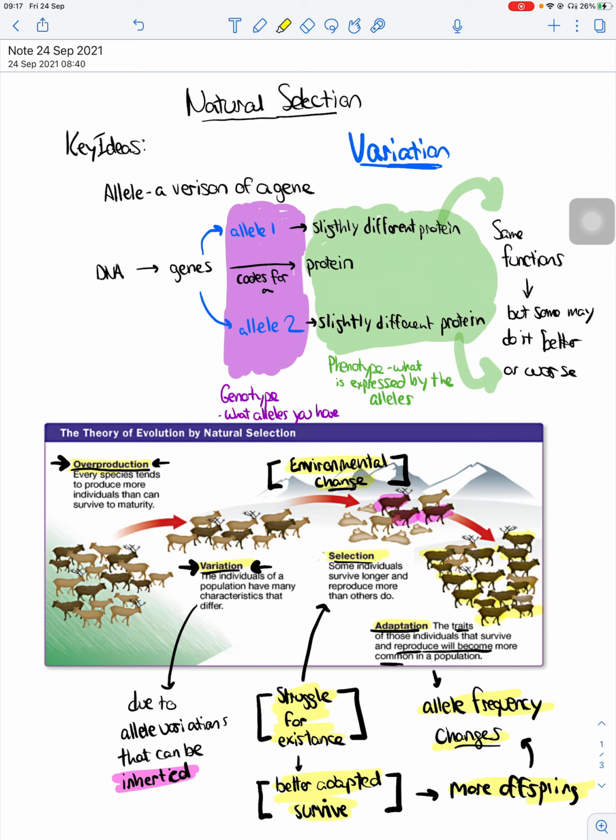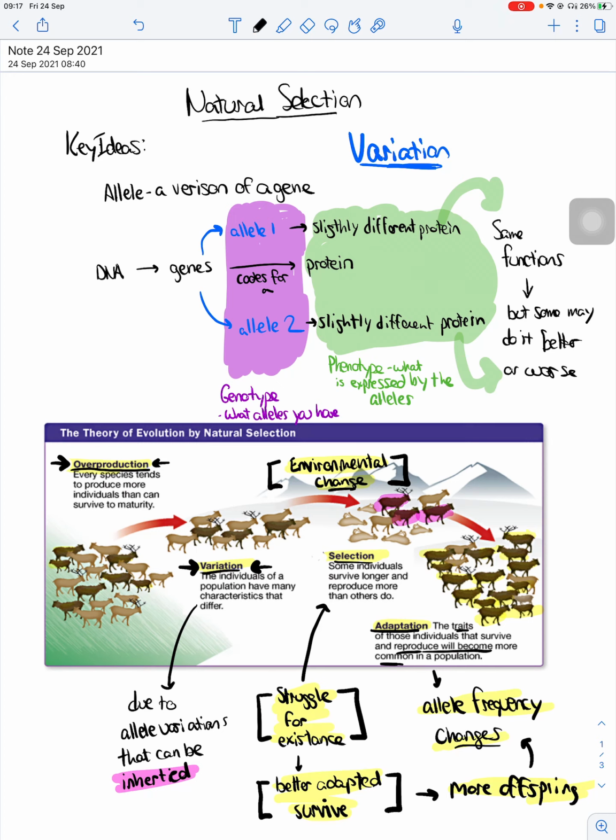And what happens then is the allele frequency changes. So here, at the beginning, you had less dark brown. But over some generations, because of this environmental change and selection and a struggle for existence and inheritance and this variation that exists, the allele frequency changes.